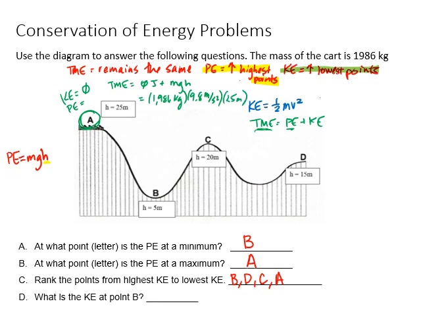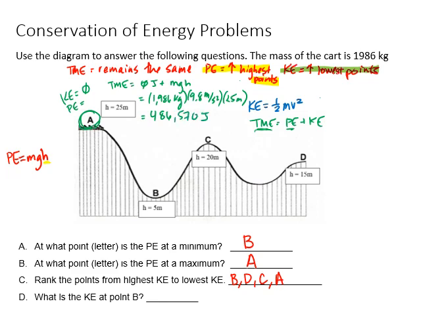And again, the reason why I'm starting at point A is because the roller coaster has not started moving. At the rest of these points, that roller coaster is moving, so we won't be able to calculate total mechanical energy. Once we multiply all these numbers together, we get 486,570 joules.